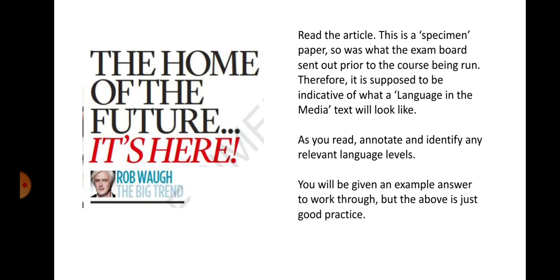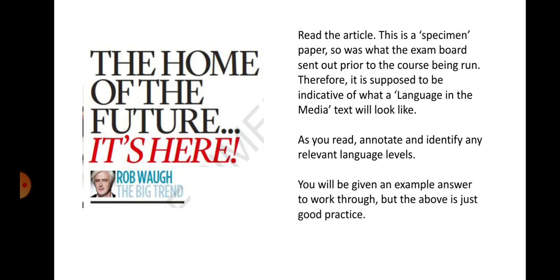Read through it. As you read, annotate and identify any relevant language levels or any relevant concepts or ideas. So anything to do with representation, anything to do with language and technology, language change is in there, and also to some extent there's language and gender, because he is a man talking about technology.